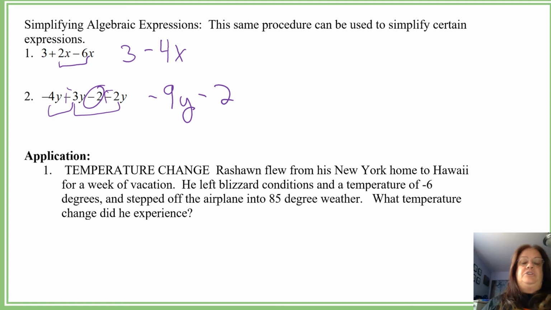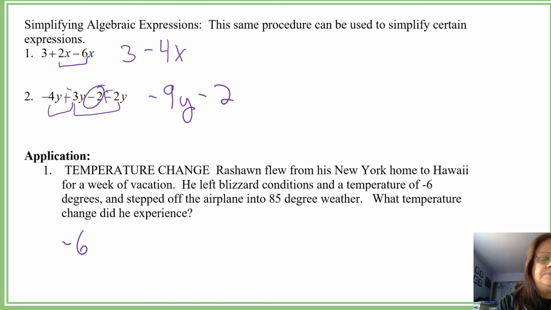All right, temperature change. Rashan flew from his New York home to Hawaii for a week of vacation. Well, isn't he lucky? He left blizzard conditions and a temperature of negative 6 degrees, and stepped off the airplane into 85-degree weather. What temperature change did he experience? It'll make more sense doing it a different way.